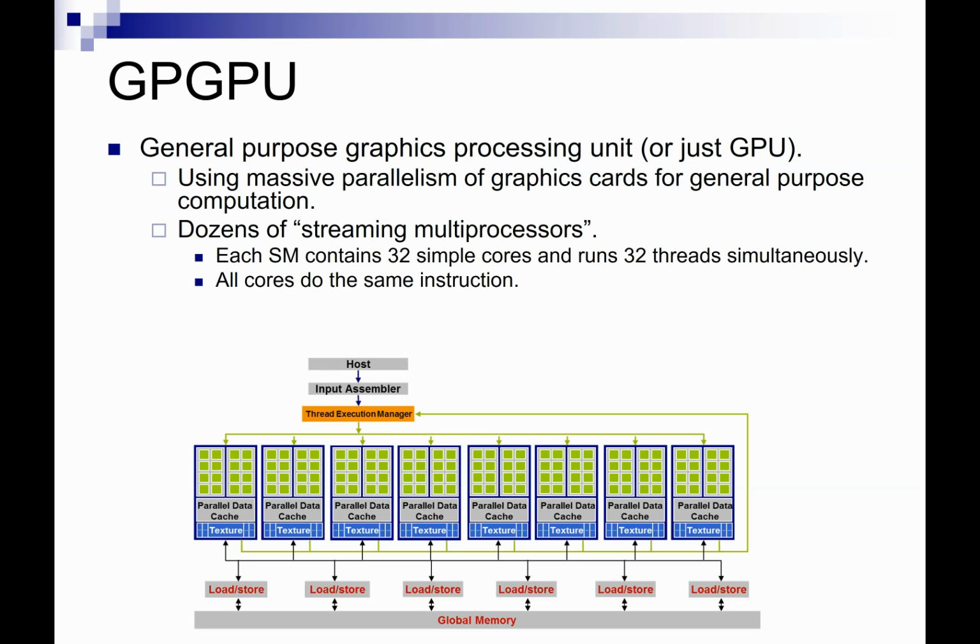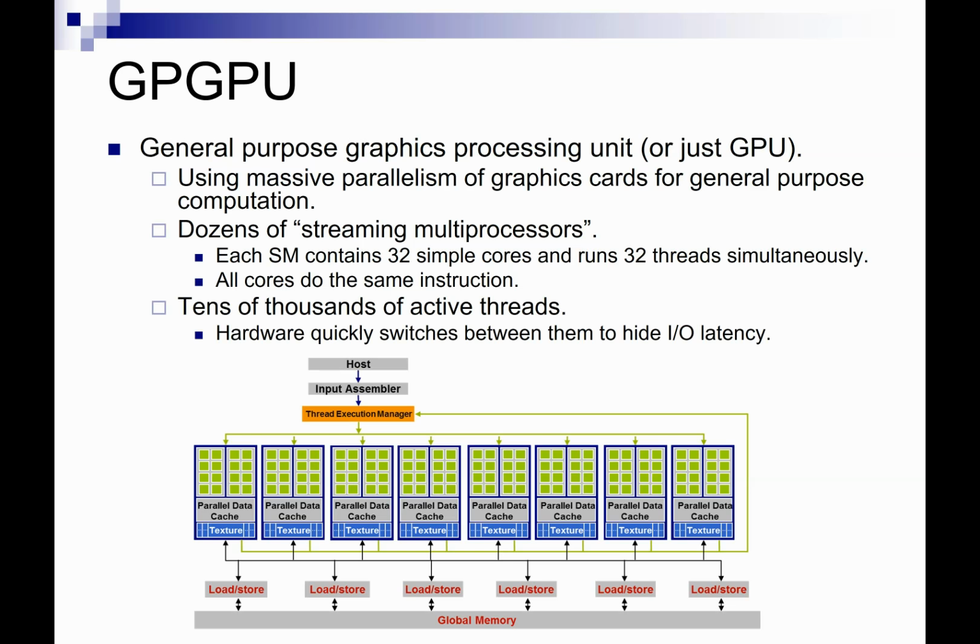Each of these SMs can run 32 threads simultaneously, or in fact, it can run more than 32 threads, but only 32 simultaneously. And ideally, all of these cores are doing the same instruction. If they do different instructions, then as we'll see later, we get a performance hit.